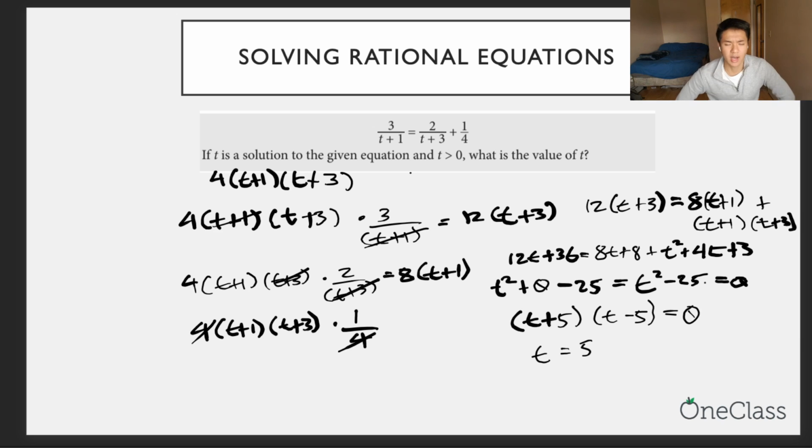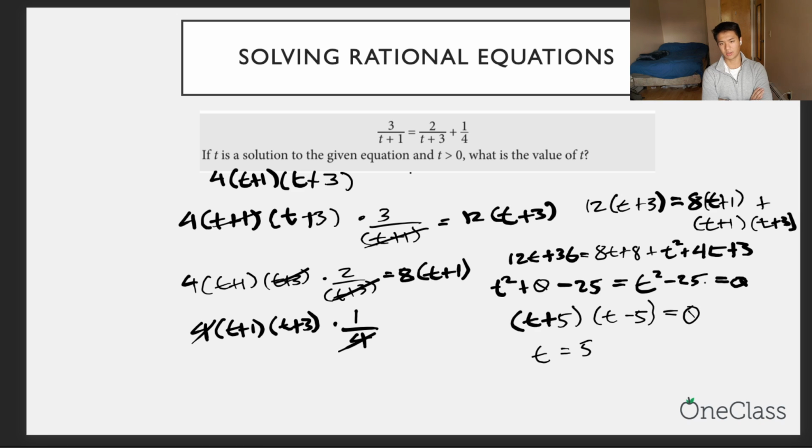Again, this is not going to be the most common type of question. It is quite time consuming. Rational equations are a little bit more difficult, but you see here that no matter what the process might look like, we can solve this equation by doing the same approach, which is find a common denominator, multiply each side by it, simplify so that all the denominators are the same, and then solve for the equations.